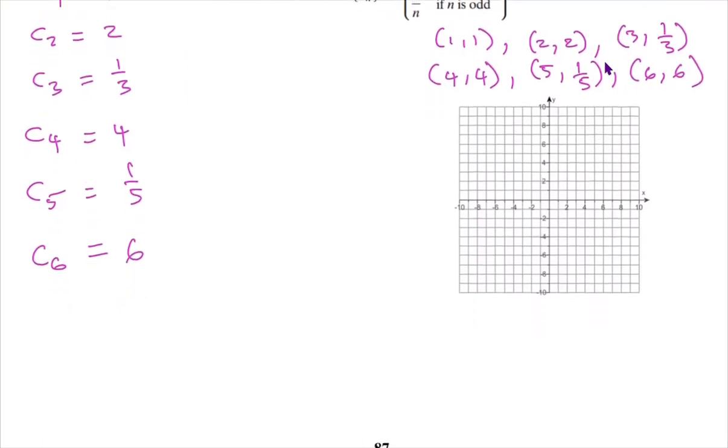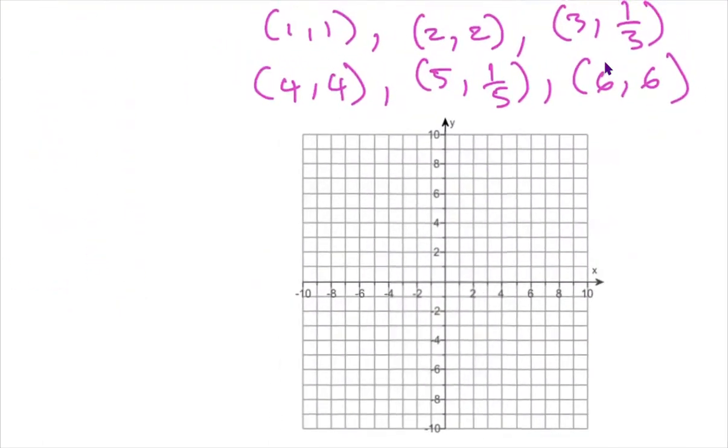So those are the points that we're going to graph. (1, 1), (2, 2), and (3, 1/3). 1/3 is 0.33, so 3 would be somewhere here. (4, 4). (5, 1/5) will be somewhere here.